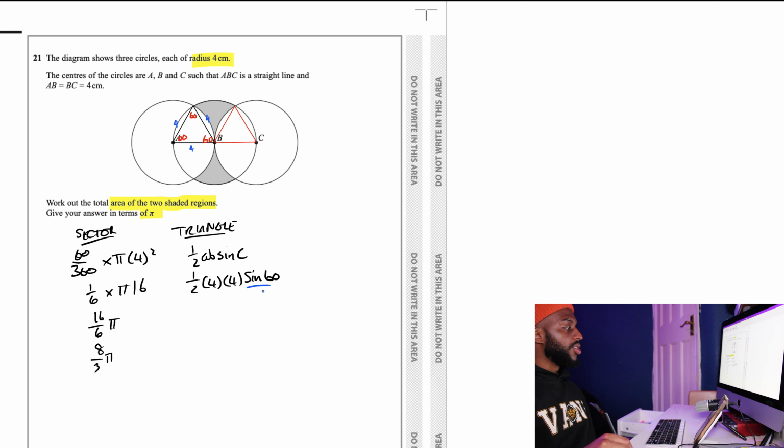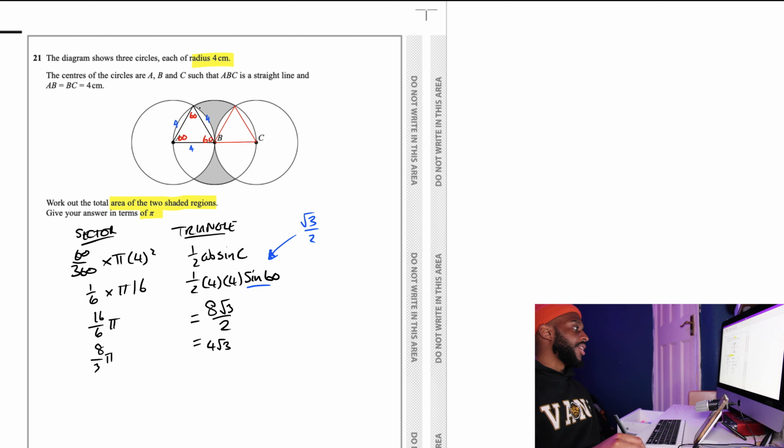Something to note, this is not a calculator paper. You need to know your exact trig values. So your value for sine 60 is going to be √3 over 2. So let's put this back in. This ends up being 8 √3 over 2, which can be simplified to 4 √3. So that's the area of the triangle.